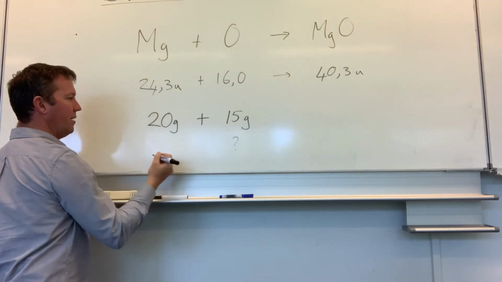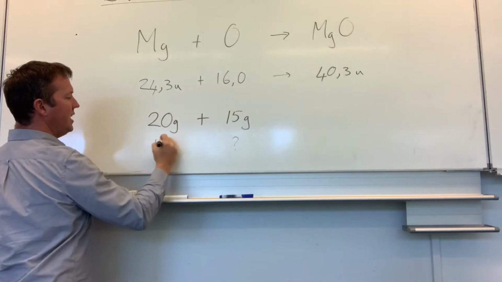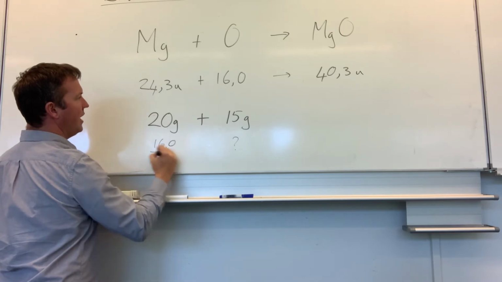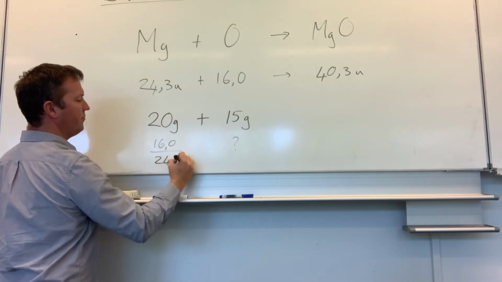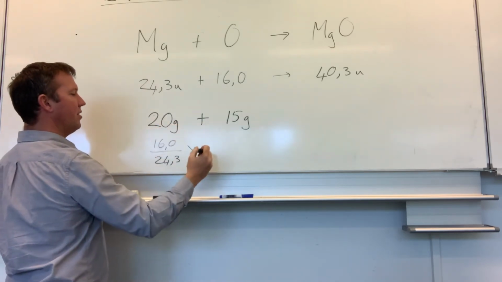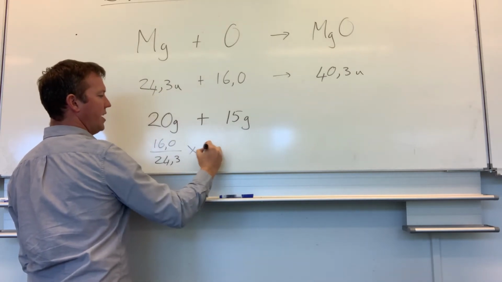So I'm going to say, okay, if it's going to get less, it's 16,0 divided by 24,3, and then multiply that by the amount of magnesium that you had, which is the 20 grams.